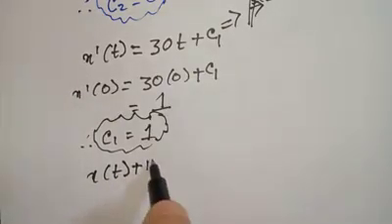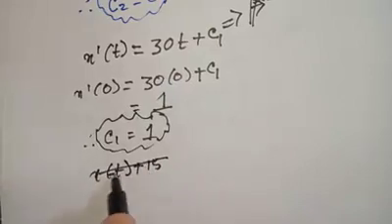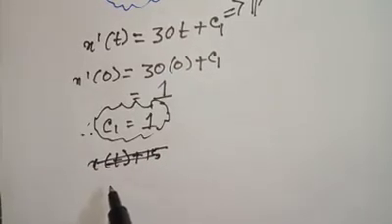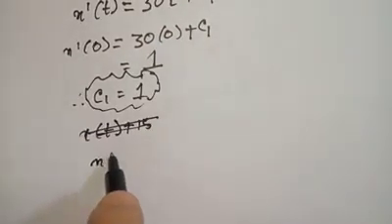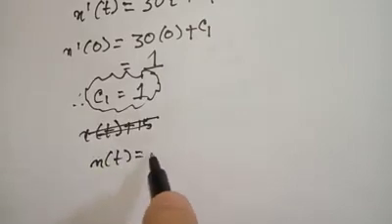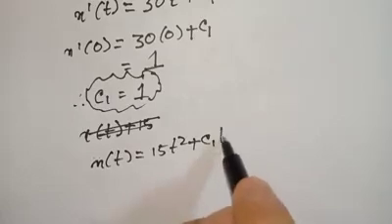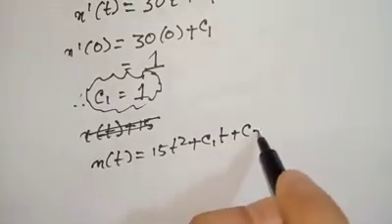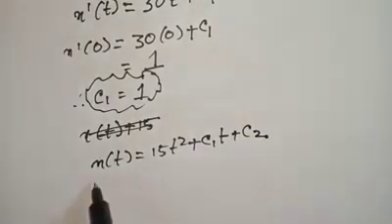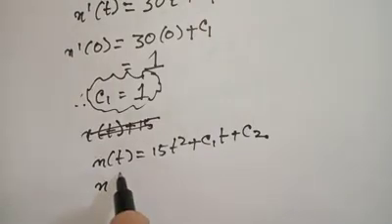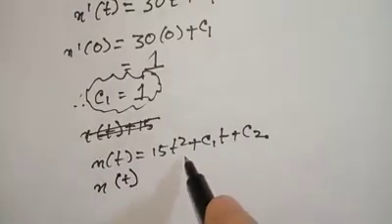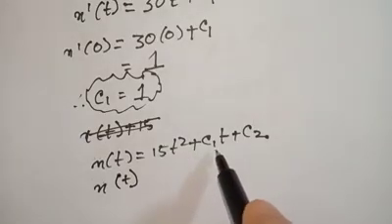x of t equals 15t squared plus c1 t plus c2, right? So we put it as x of t equals 15t squared plus c1 t. Why?